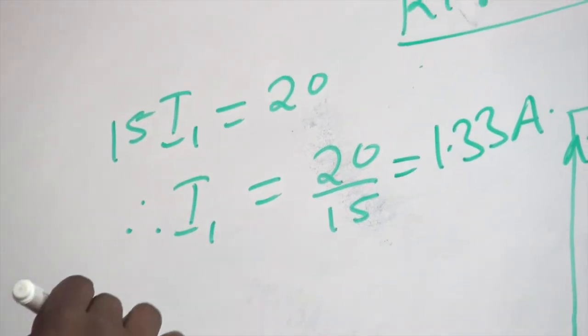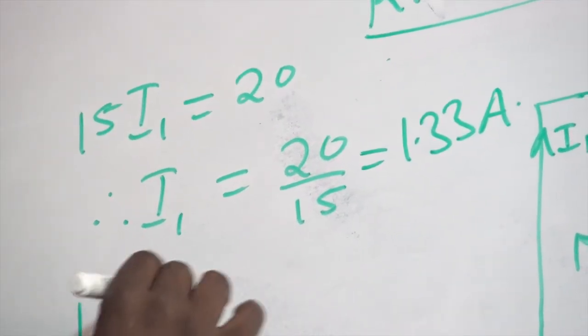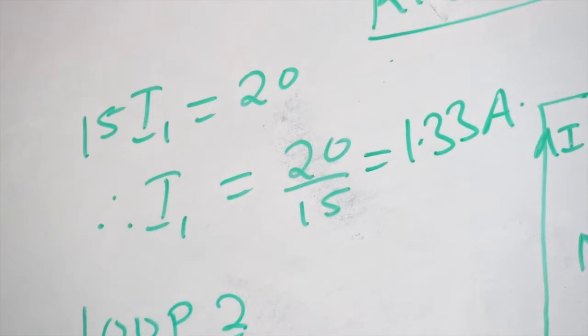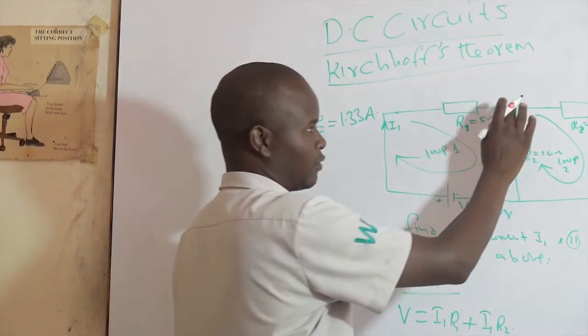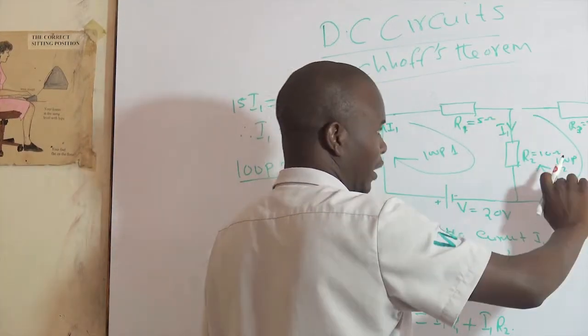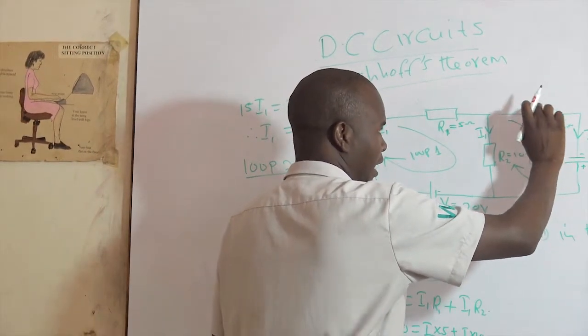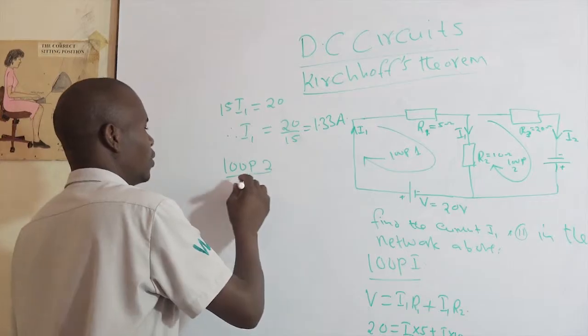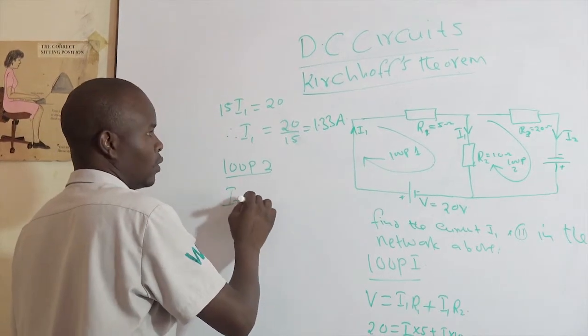Let us consider loop 2. In loop 2, let us start from this corner here. We go this way. So we have I2 R3.